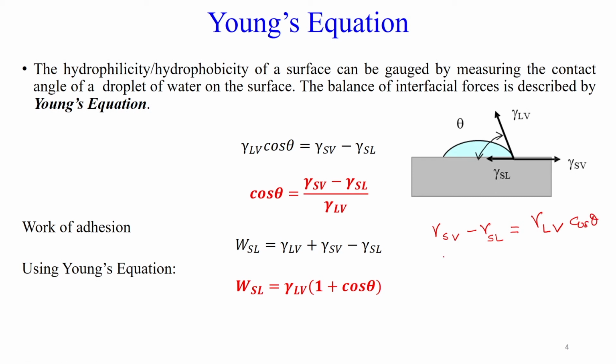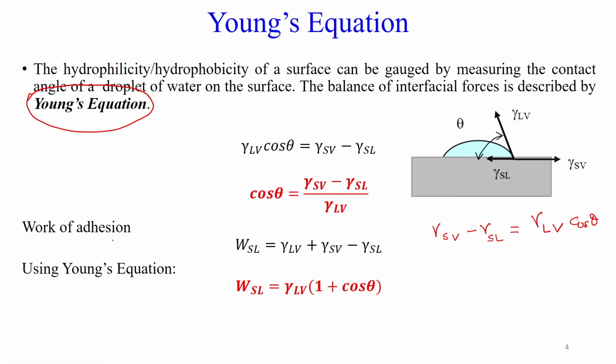So, cos theta is equal to gamma solid vapor, the solid vapor interfacial tension or surface tension, minus the solid liquid interfacial tension, divided by the liquid vapor interfacial tension. This is known as Young's equation.